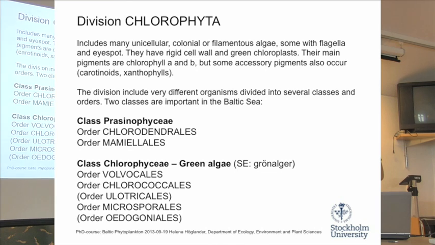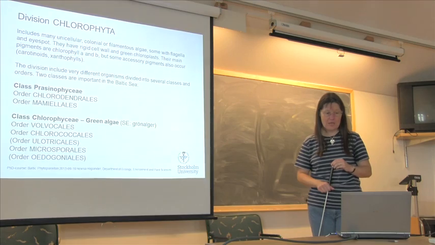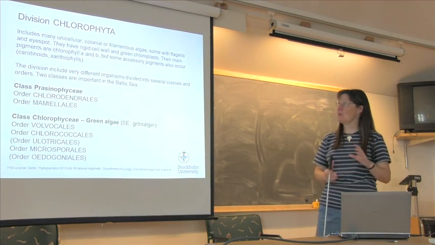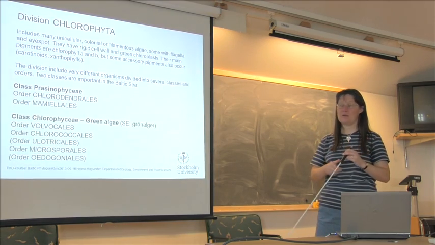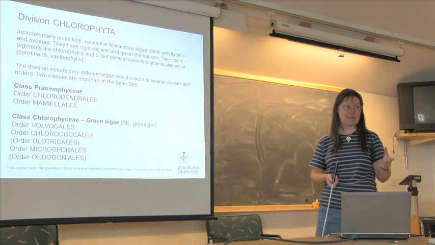Another group we have is the Chlorophytes, and it includes a lot of unicellular and colonial or even filamentous algae. And some of them have a flagella and an eye spot, and they have a more rigid cell wall that makes them not like the Euglenoids or the Cryptophytes I showed you before.